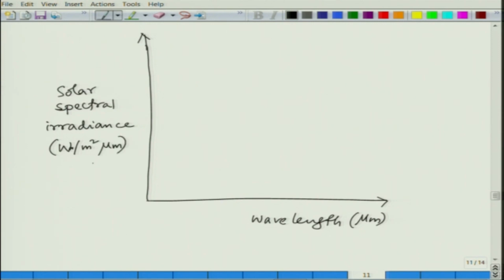Okay. So, let me draw some numbers as well. Here it is 0.4, 0.8, 1.2, 1.6 and so on.